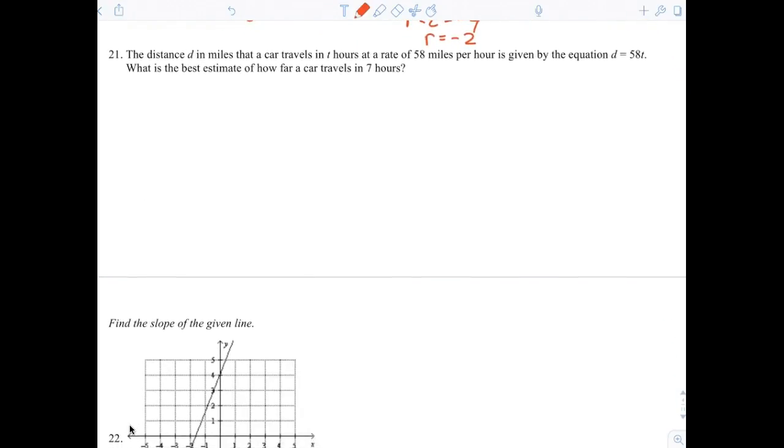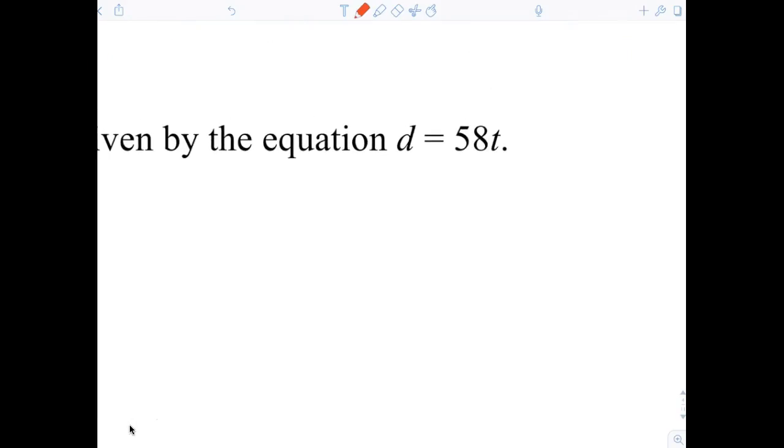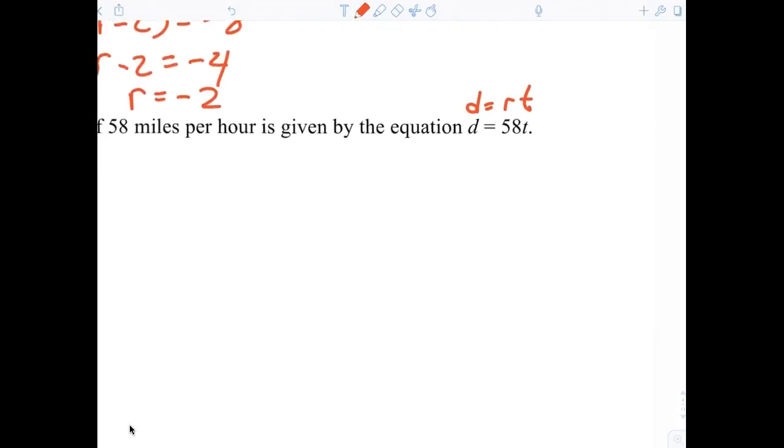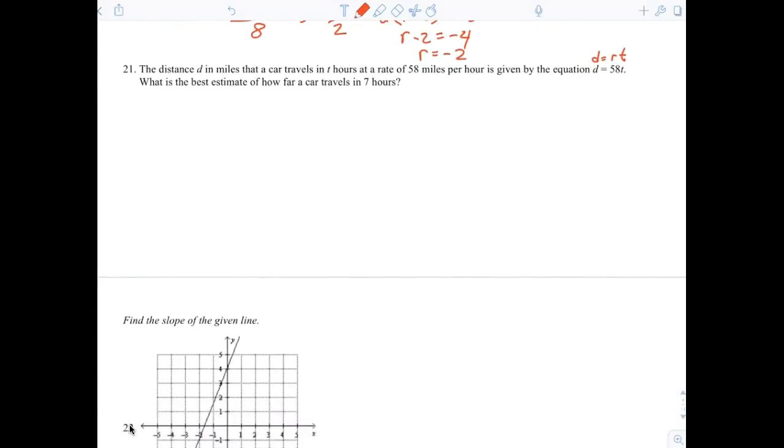The distance d in miles that a car travels in t hours at a rate of 58 miles per hour is given by, which makes sense, right? Let's review this formula to make sure everybody's okay. It's always distance equals rate times time. Does that make sense, right, guys? All right. So that's why the equation is distance equals 58t. What is the best estimate for how far a car can travel in 7 hours?